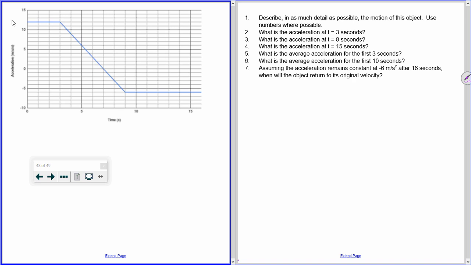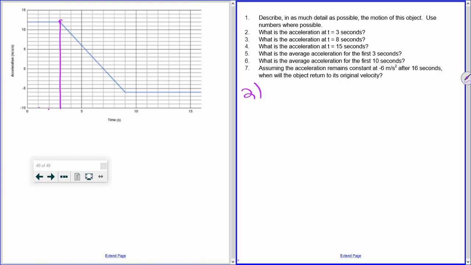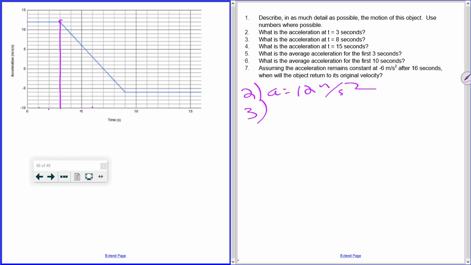Okay, so we can't really say a lot for number 1. Number 2 wants the acceleration at 3 seconds. Well, read the graph. 1, 2, 3, acceleration is 12. Number 3, acceleration after 8 seconds. 4, 5, 6, 7, 8. So it looks like it's -3.